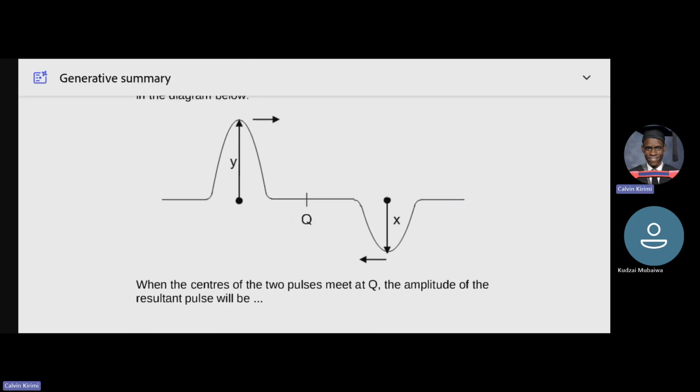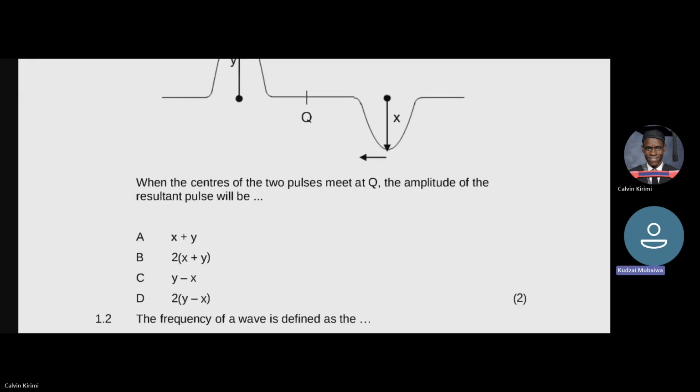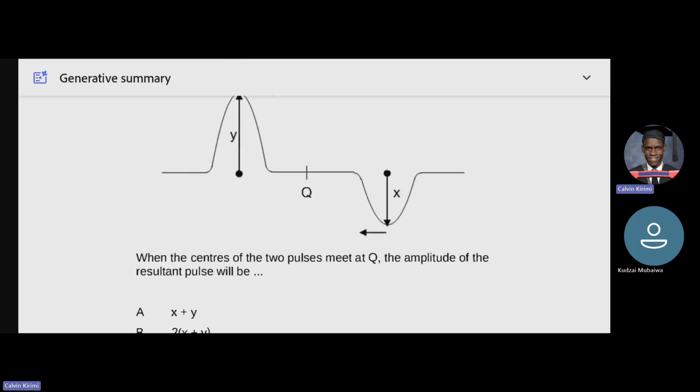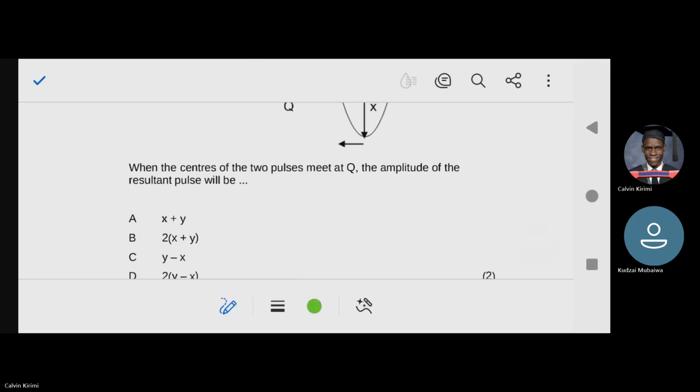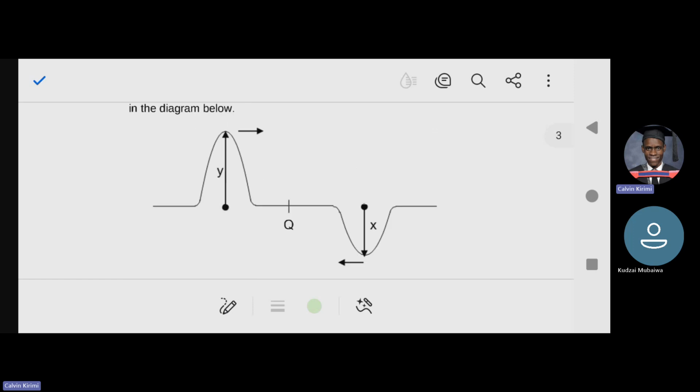Can you see which one is the bigger one from the diagram? Which one is a bigger amplitude? Y. And which one is a smaller amplitude? X. So when you are solving this, because they are moving in different directions, if the right is positive, this one is going to the left, which means we assume left is negative.